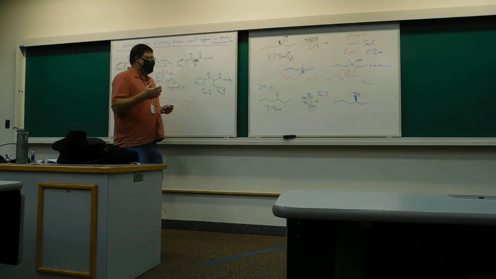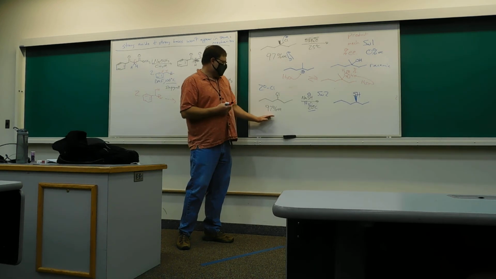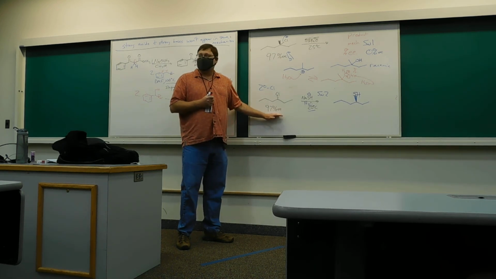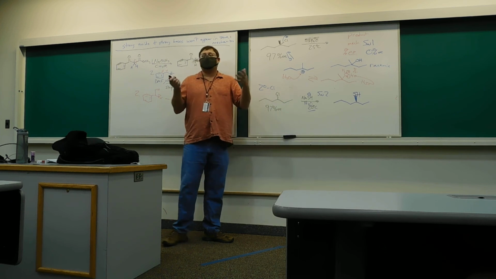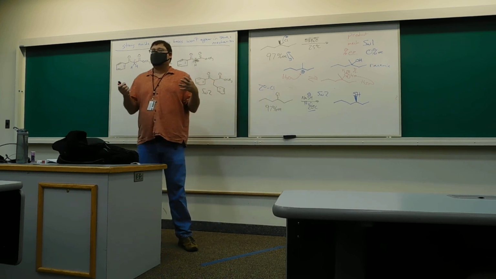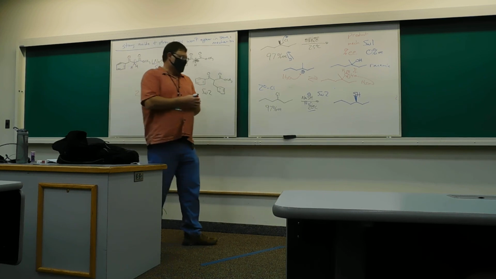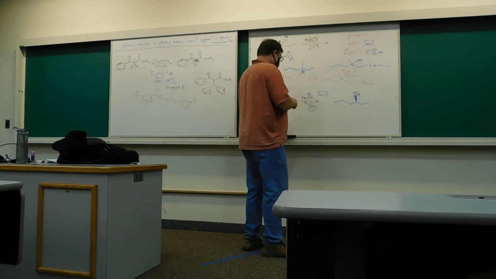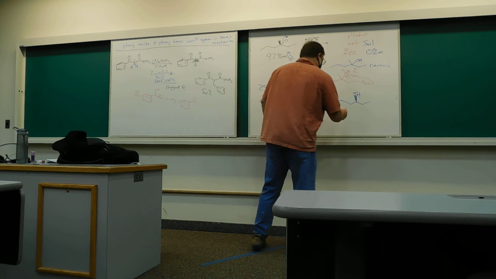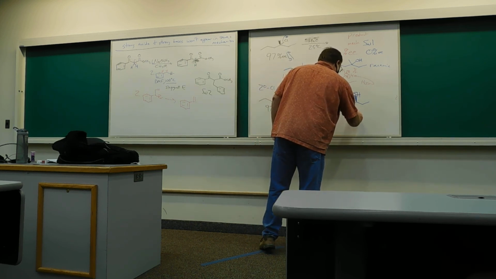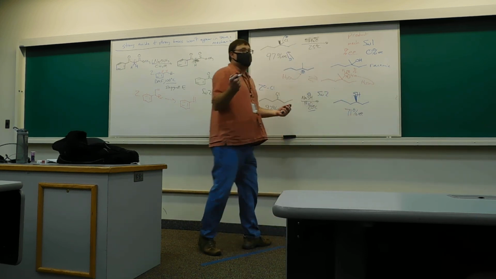What you might find here is that we start with 97% EE in the chloride, but not every reaction goes SN2. SN2 winds up being the dominant reaction pathway, but it's not the only reaction pathway. Some of that's going through SN1. And so you might come over here and find that your product is 71% EE, for example.